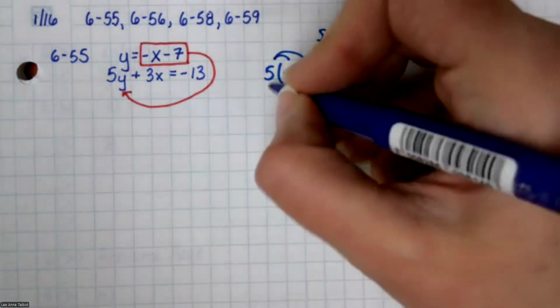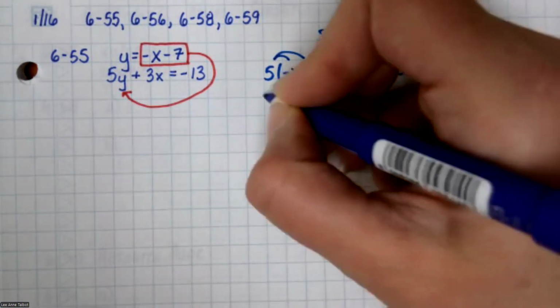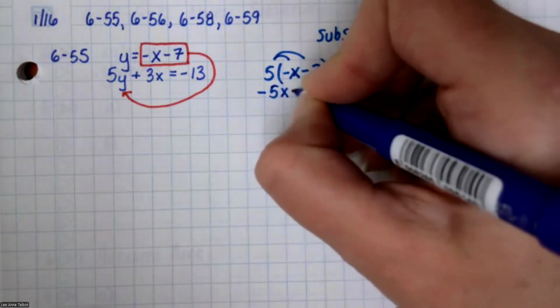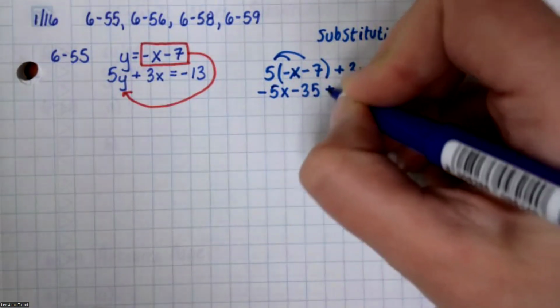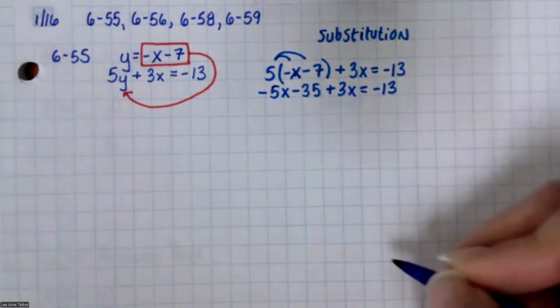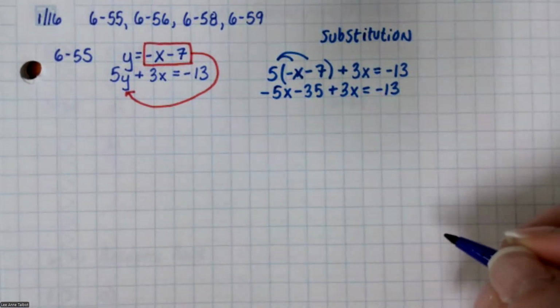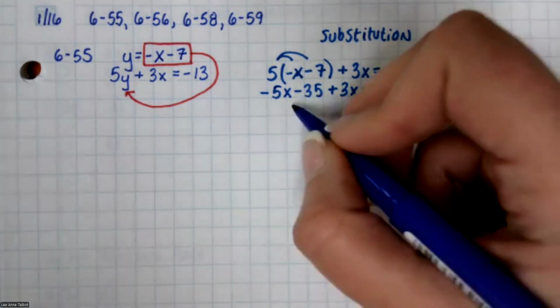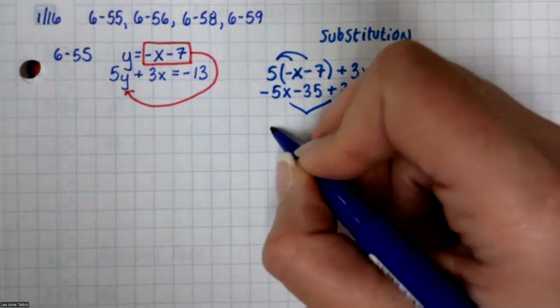Okay, now distribute the 5, negative 5x minus 35 plus 3x equals negative 13. Combine like terms.